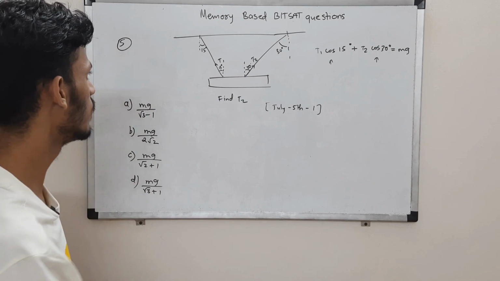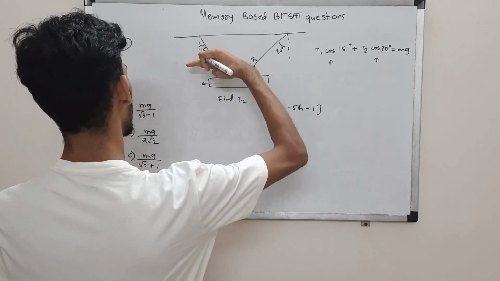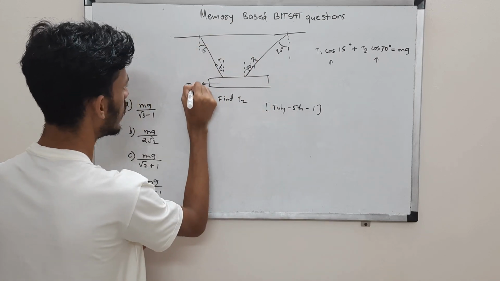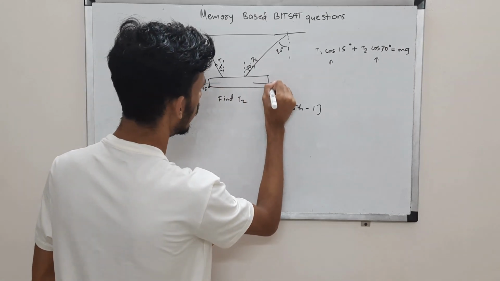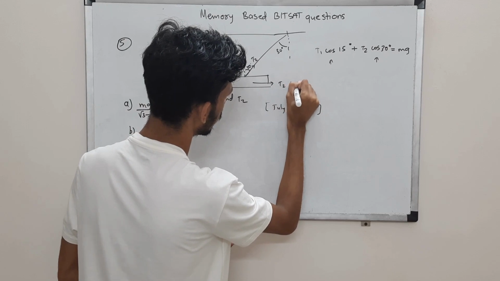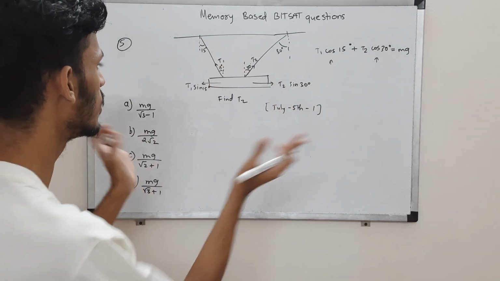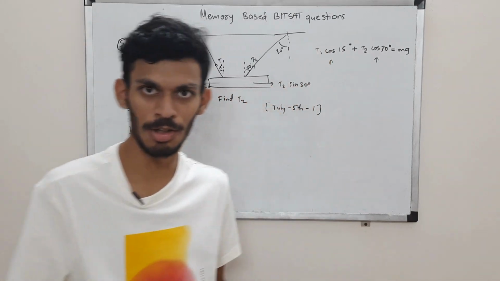Now the second equation will come from the horizontal component. If you see, it will be the sine theta component, right, it is opposite to theta. So here we'll have T1 sine 15, and here we'll have T2 sine 30, right, opposite to theta is sine theta, okay. These two components are balanced among themselves because there is no horizontal motion, right.